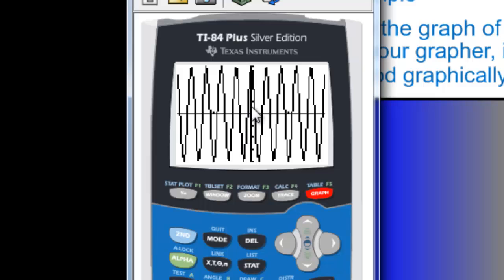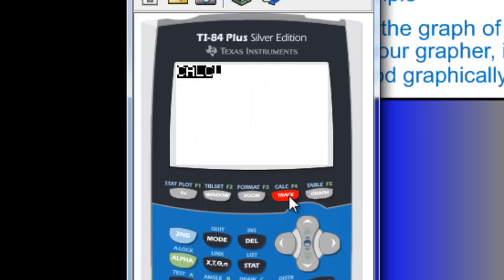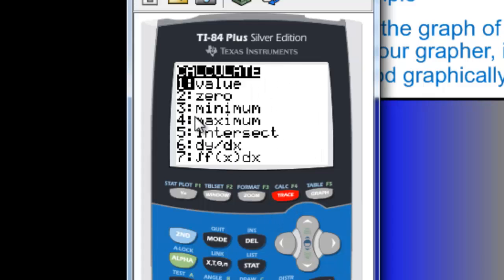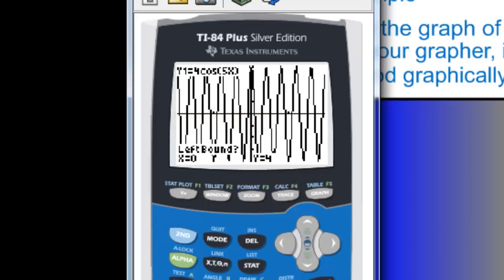To find the location of my first maximum, I will go into second trace or calc, and look how conveniently we have option 4 here, maximum. So I'll choose option 4, and it'll ask me where do I want to set my left bound. I'm going to look at this maximum here, or the distance between these two maximums here.